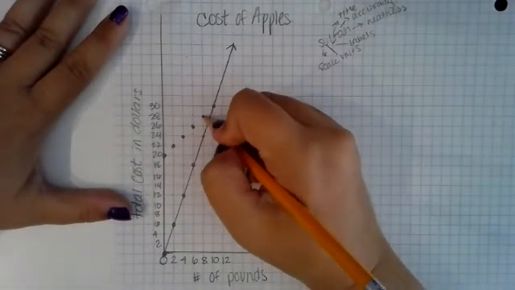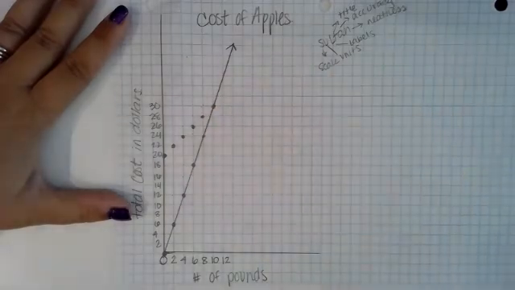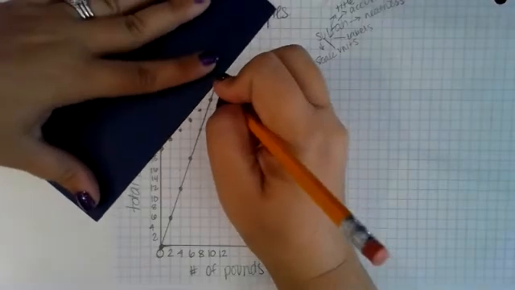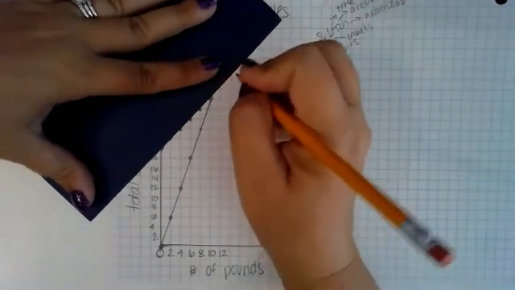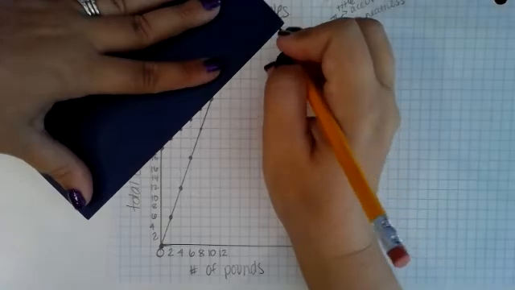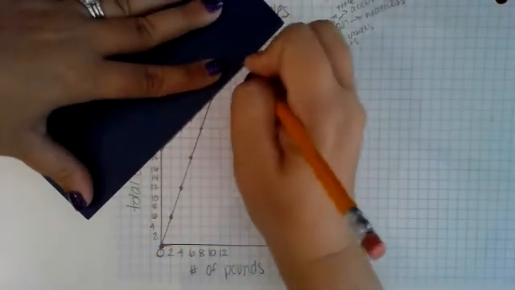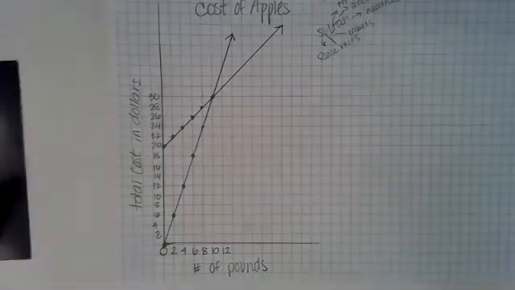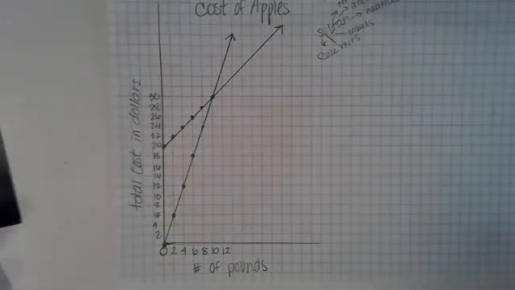So up 1 over 1, up 1 over 1. And now I can draw my line. So I've now drawn my second line.